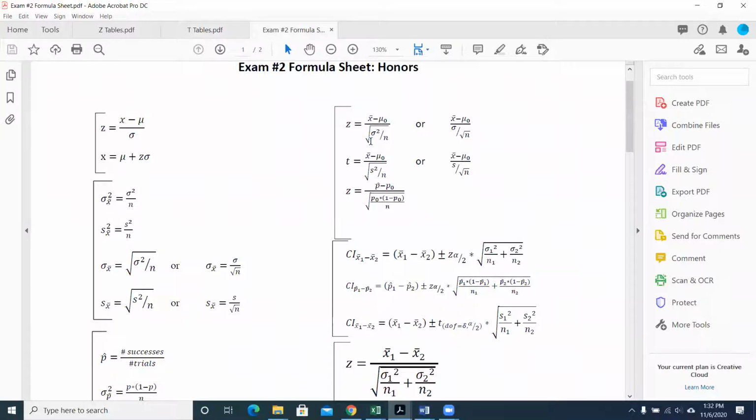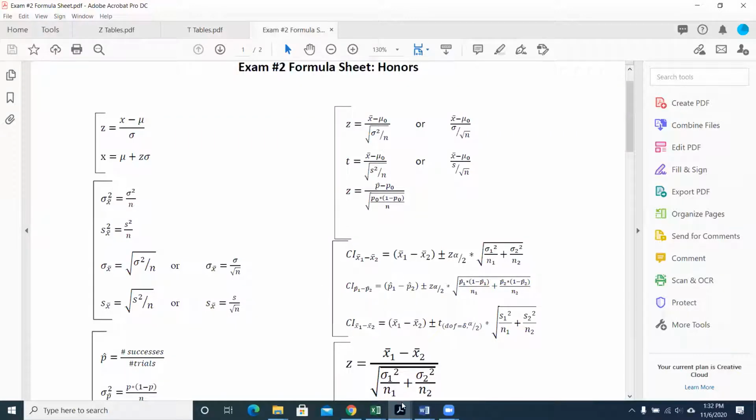Really, once you've identified the correct test statistic equation, and you do that by looking at what the problem gives you. Once again, if it's giving me a sample mean and I know the population variance, I use this one. Sample mean and I know the sample variance, I use this one. The components you're always going to be given in the problem: the variance, sample size, and sample mean. The only other thing you have to identify is the assumed true mean, and that will come from the null and alternative hypothesis.